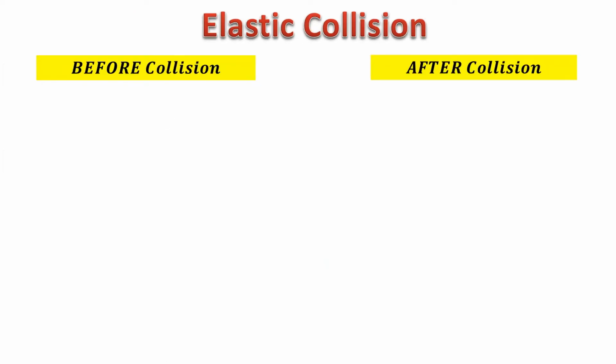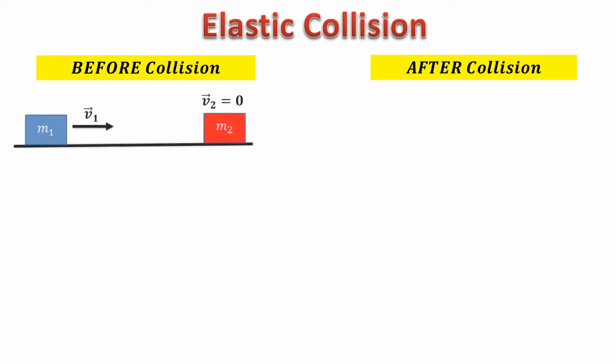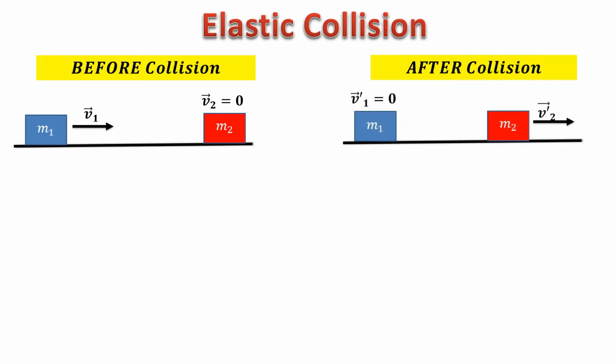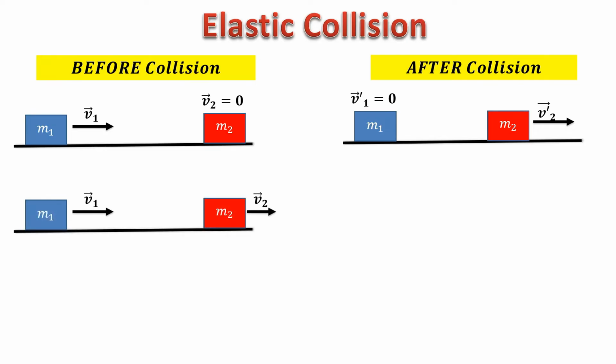Now, there are different types of elastic collision. Before collision, it can either be that mass 1 is moving and M2 is at rest. After collision, mass 1 will be at rest while M2 will be moving in the same direction as the initial velocity of mass 1. Or they can be moving in the same direction before.